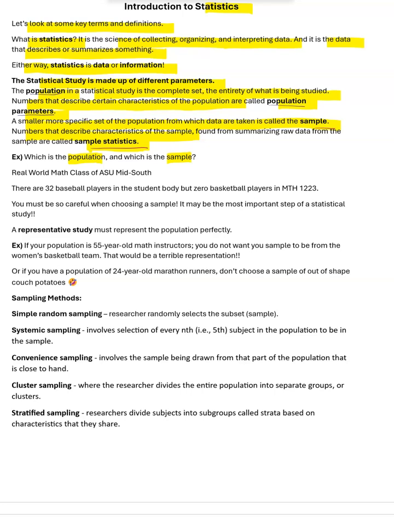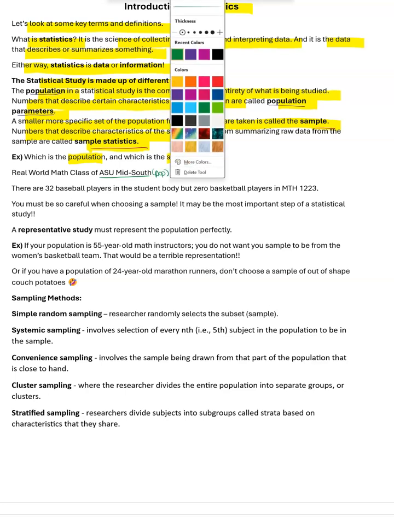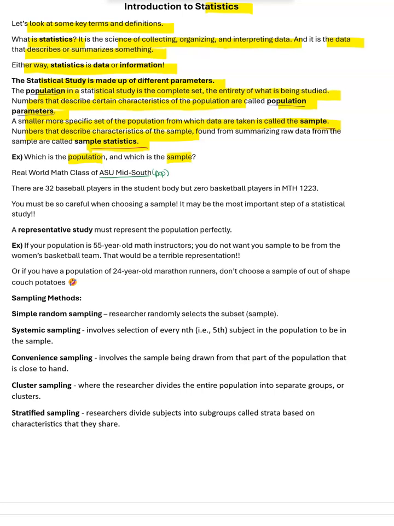Well, the bigger of the two, right? So the student body is the population. I'm just going to put pop if that's cool with y'all. And then which is the smaller of the two, or the sample? Well, that would be our real world math class. I don't know how to shorten sample, so we won't do that.